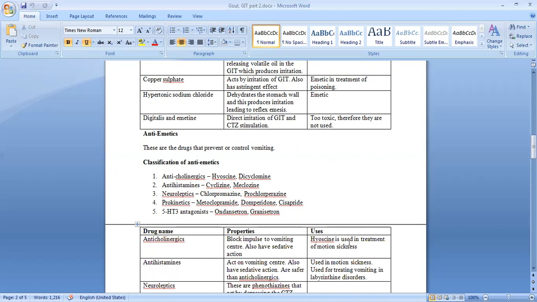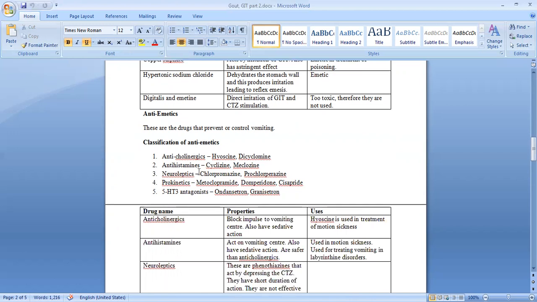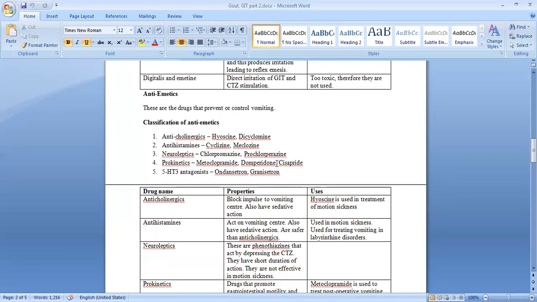There are again many categories of drugs. We have 5 categories of drugs which act as antiemetics. The first class are the anticholinergics. Examples are hyoscine and dicyclomine. Then we have antihistamines, compounds like cyclizine and meclizine. Then we have neuroleptic drugs, chlorpromazine and prochlorperazine.